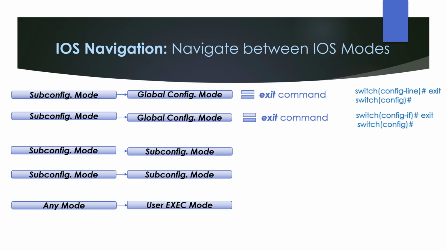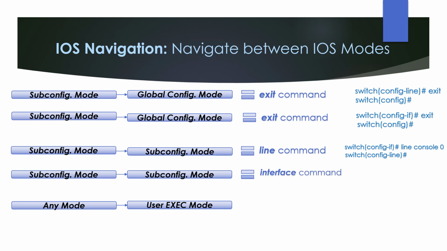If you want to go from one sub-configuration mode to another sub-configuration mode, for example, from interface to line, you can just enter the line command, and here would be listed if you are going from the line sub-mode to the interface for configuring it.